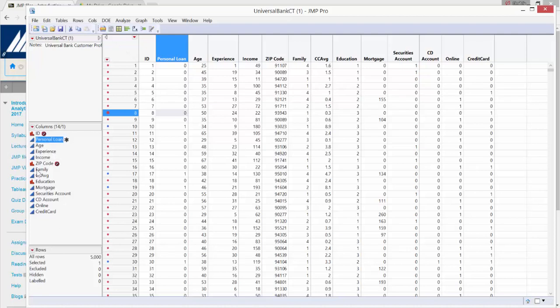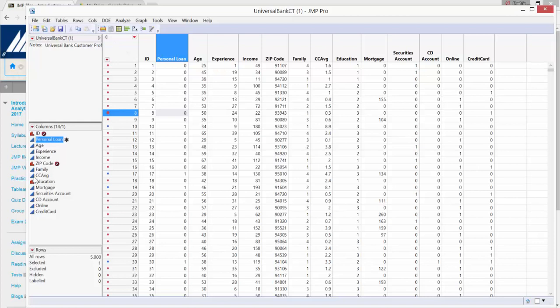And moreover, what I just did is I changed that from nominal, it was nominal, the right triangle. Because my target is 0, 1, it's a number. So go ahead and change that to a continuous variable.